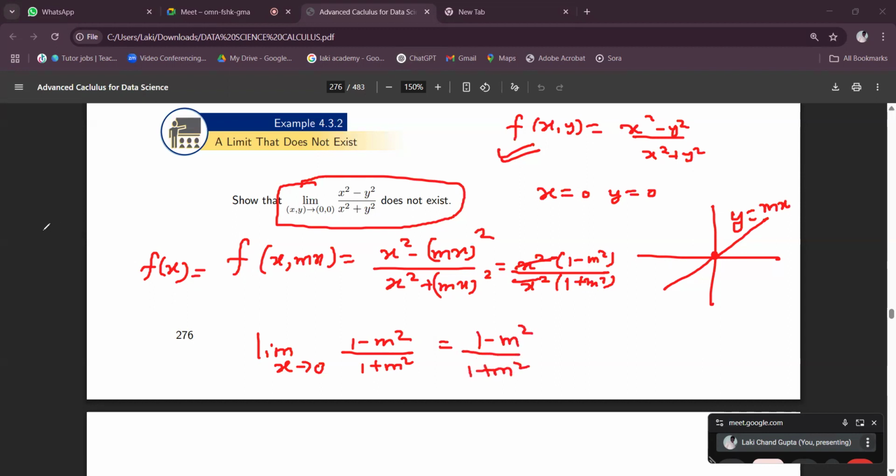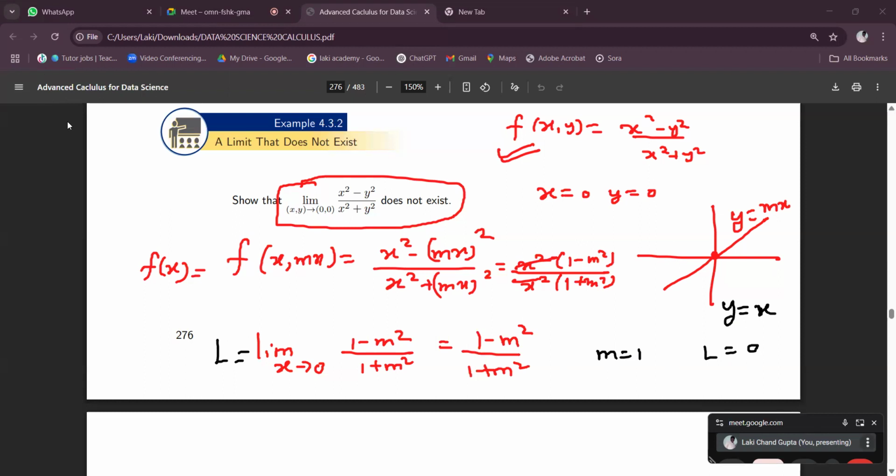But you can see the value of m is anything. If the value of m is 1, then you will get y is equal to x. Let's suppose this is the limit and it is represented by L. Then L will be 0, right?